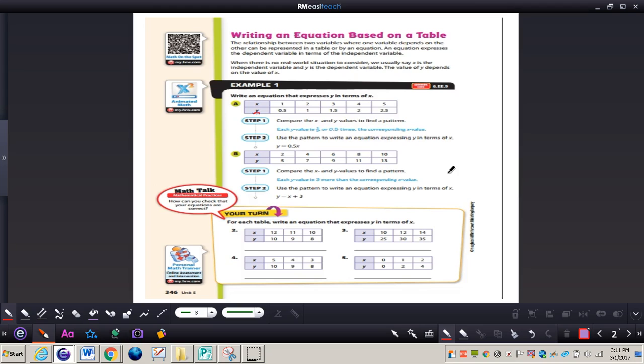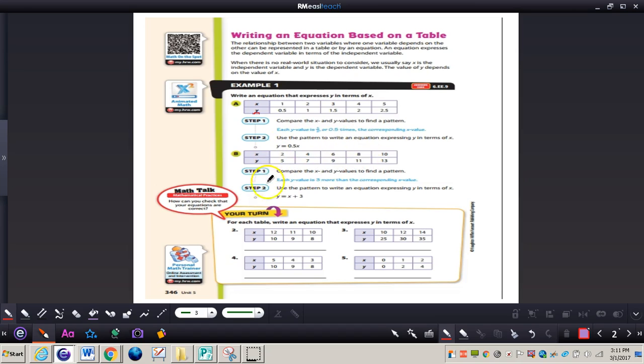So that could be an equation that we could write. Remember, x is the independent variable and y is the dependent variable. So whenever we're writing equations, y will always need to be alone, and then you'll have whatever pattern you see, multiplied or added or whatever the pattern is, to that variable of x.